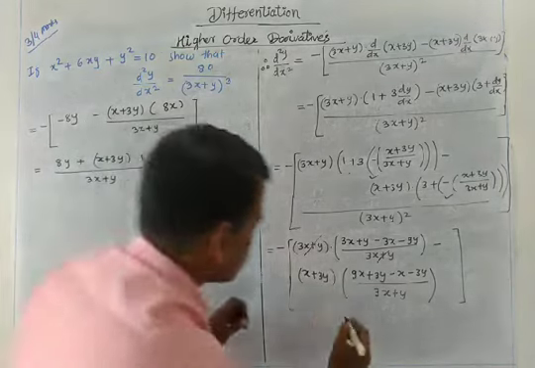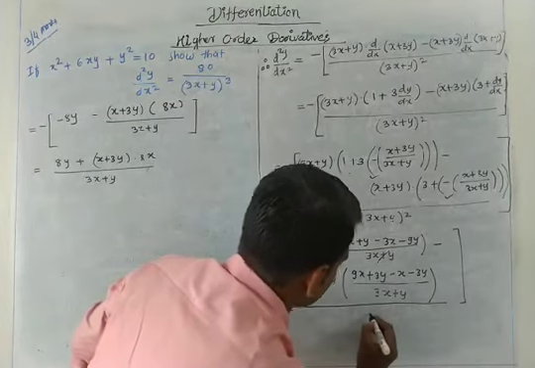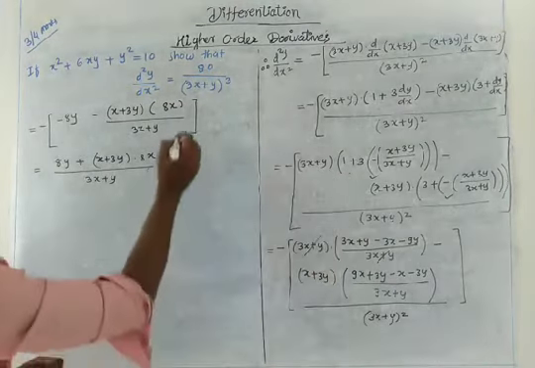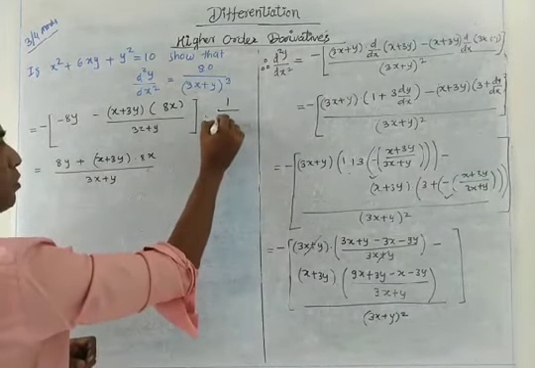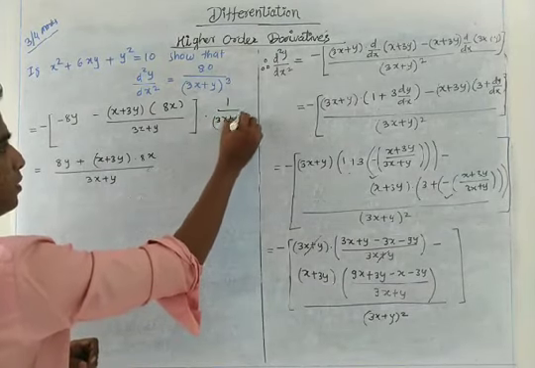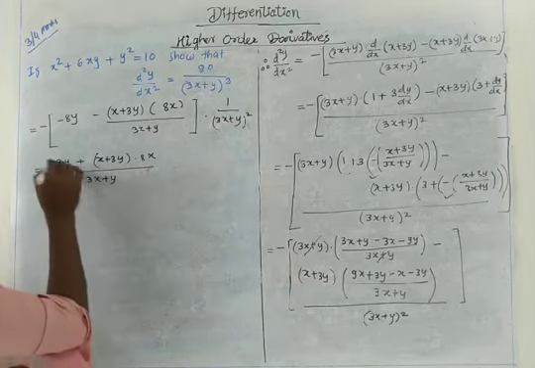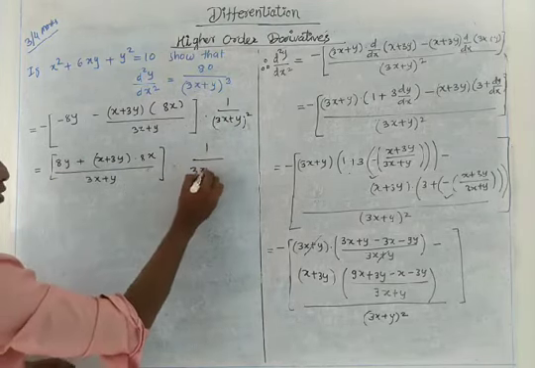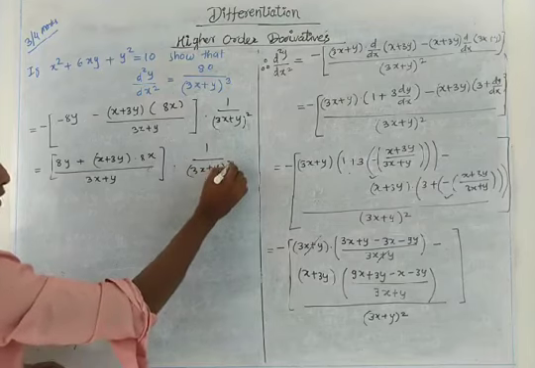And don't forget, all the part is divided with (3x plus y) bracket square. So into 1 upon (3x plus y) bracket square.